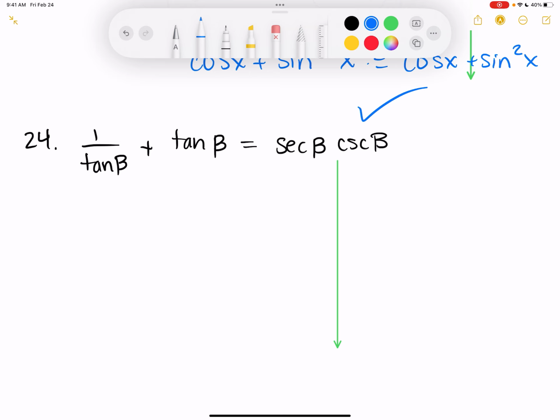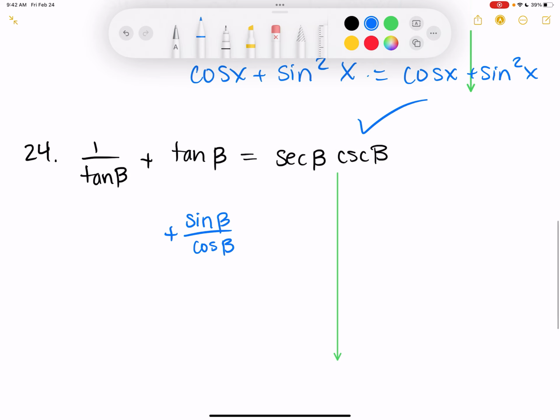Okay. So we're trying to get the left side and the right side to match. What if we do a thing where, for tangent, over here. What is this equivalent to?